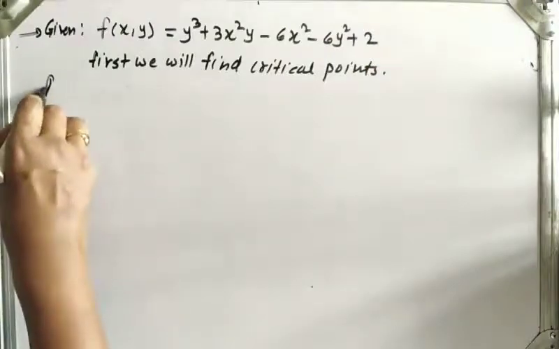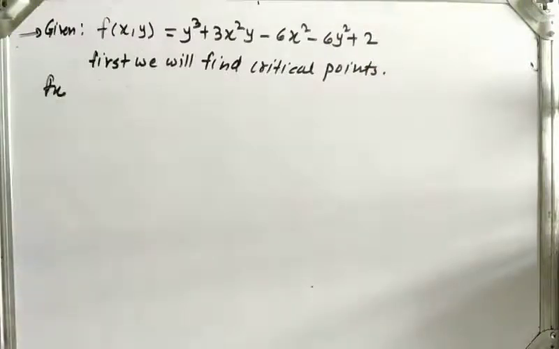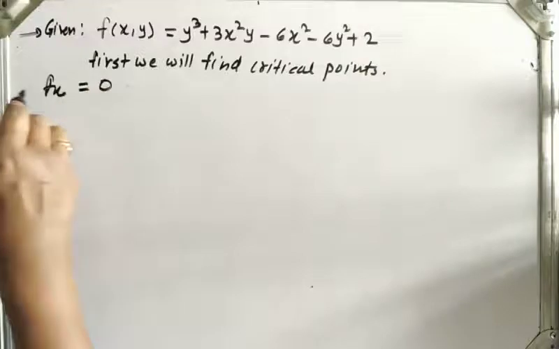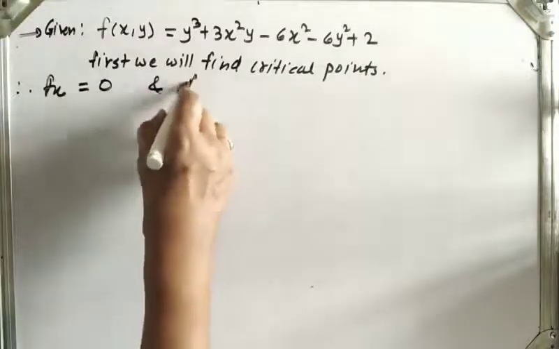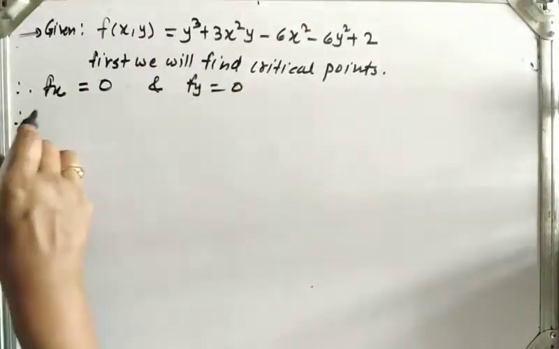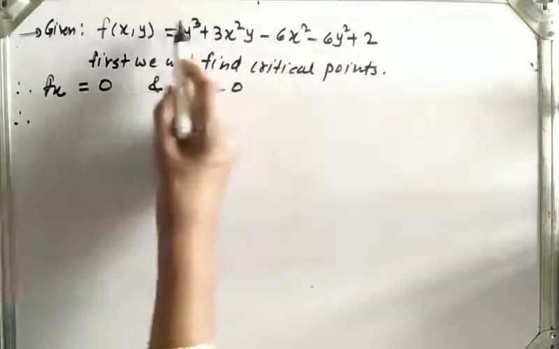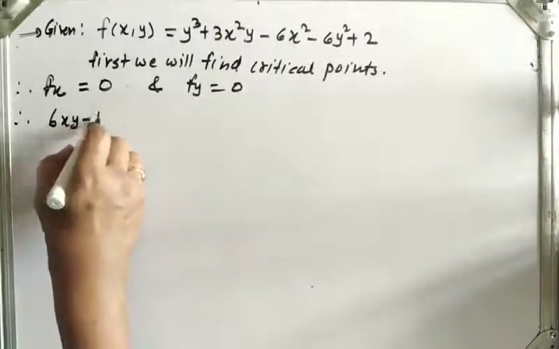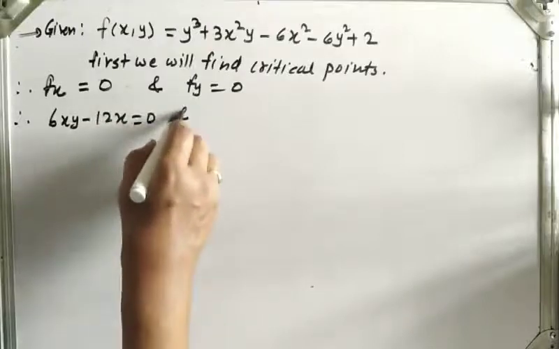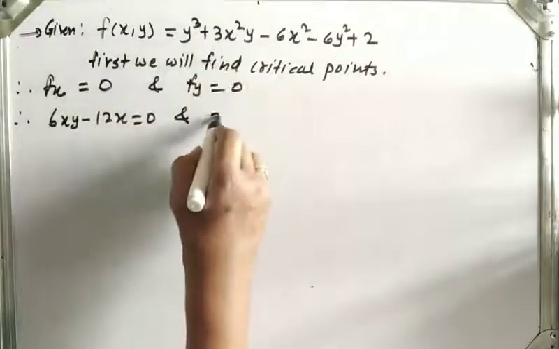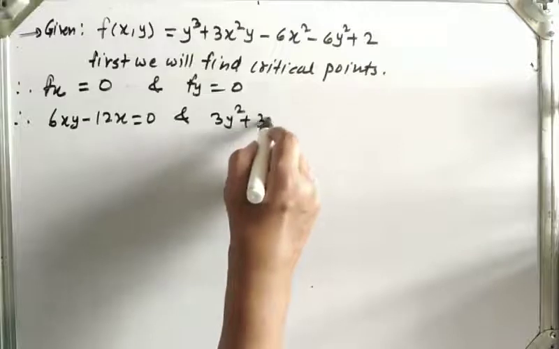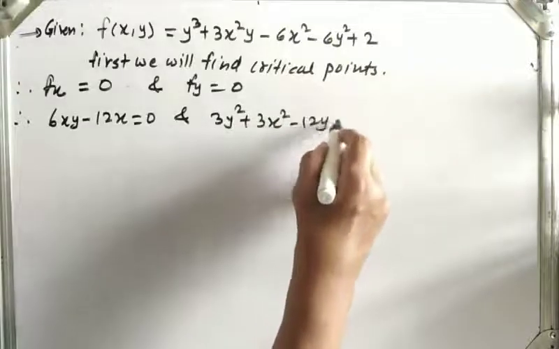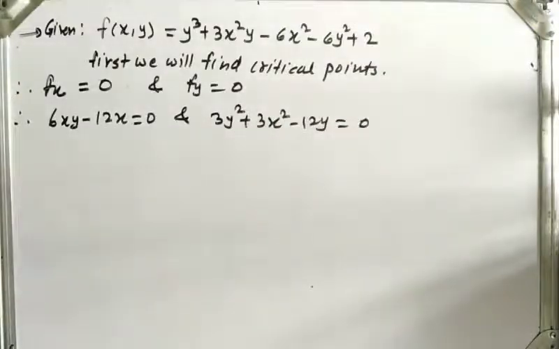For that we need fx equal to 0 and fy equal to 0. Taking partial derivatives, fx is 6xy minus 12x equal to 0, and fy is 3y square plus 3x square minus 12y equal to 0.